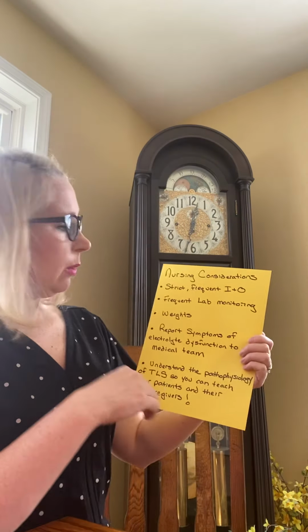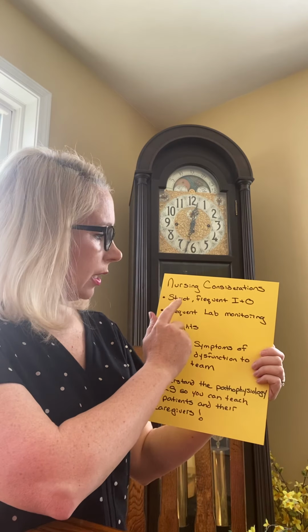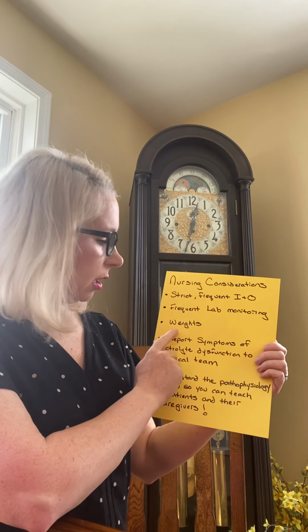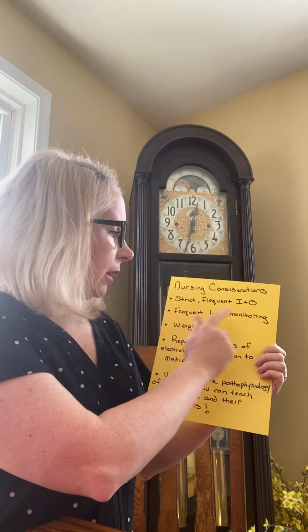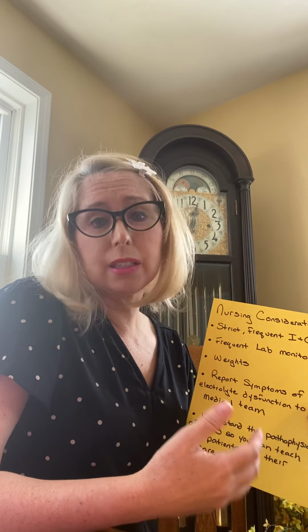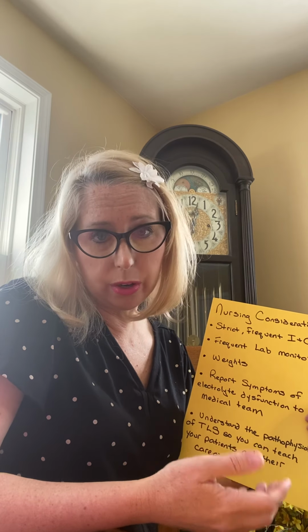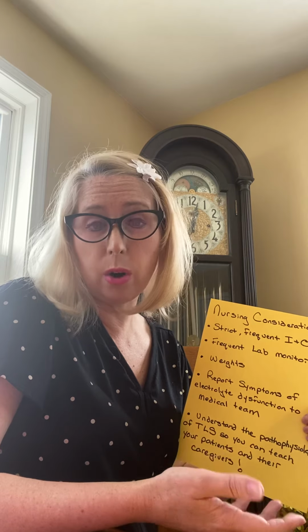So things I want you to consider for nursing, and we talked about these briefly, is strict, frequent intake and output along with weight measurement, frequent lab monitoring, and sometimes that means that you need to be really on top of your labs because the lab might not necessarily call you with a critical value of all the important numbers.